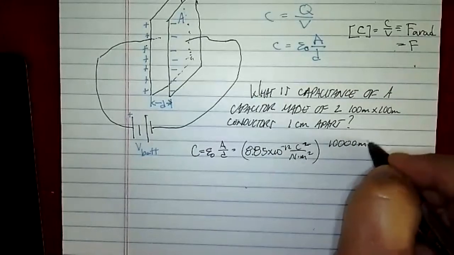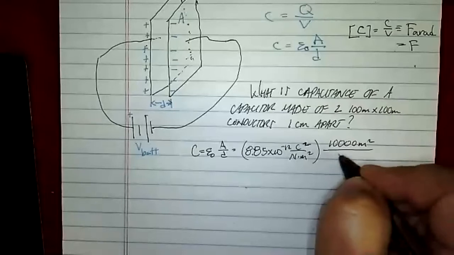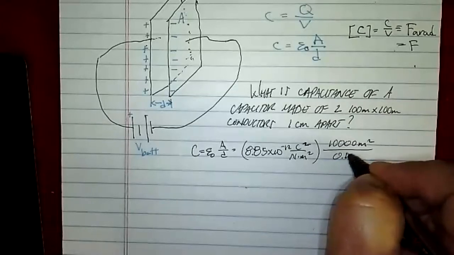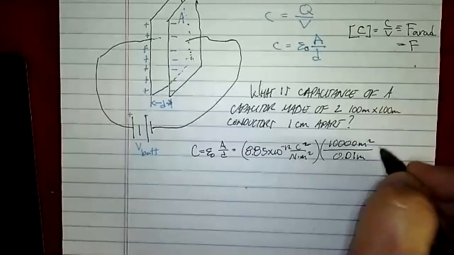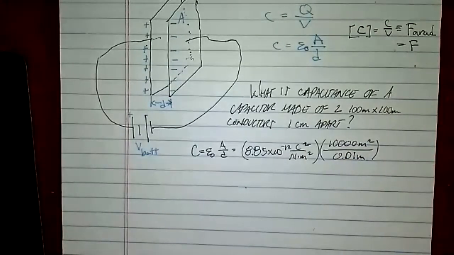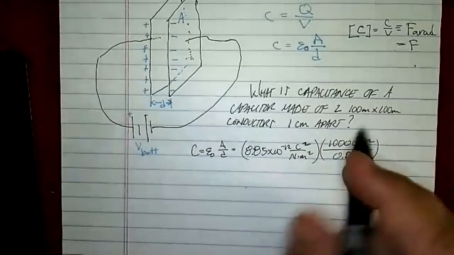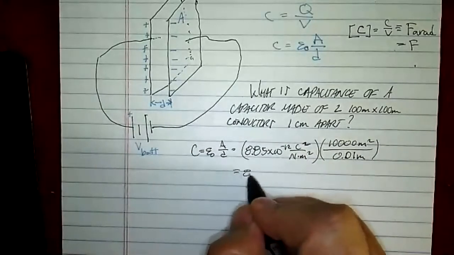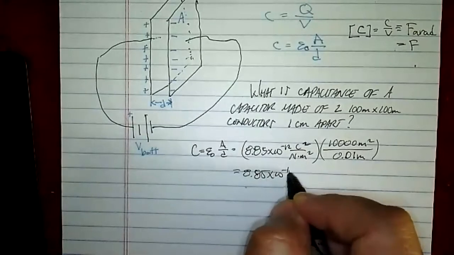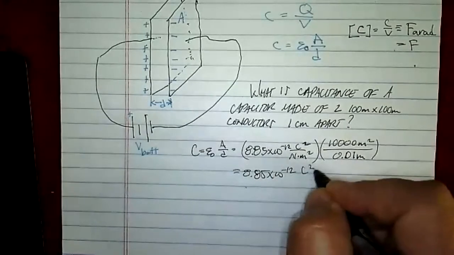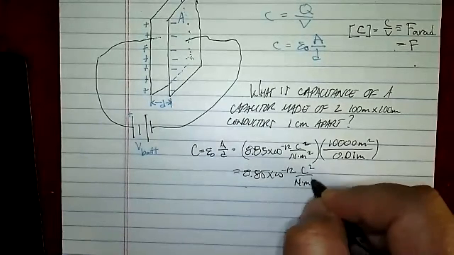So that's 10,000 square meters divided by 0.01 meter. Okay. Now this gets you 8.85 times 10 to the negative 12th Coulomb squared per Newton meter squared.